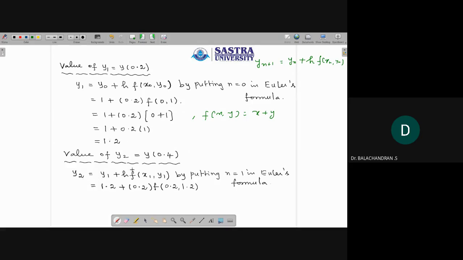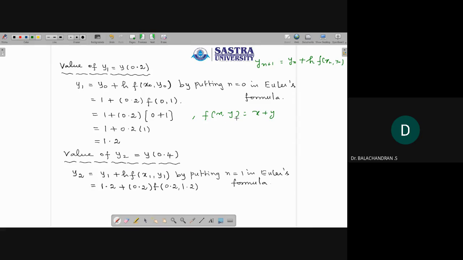So for y2, now substitute n equal to 1 here. We get y2 equals y1 plus h into f of x1 comma y1. This is the first step. So y1 is 1.2, h is 0.2, and x1 is 0.2. You can check it. Now you only need to find the value of f of 0.2 comma 1.2.